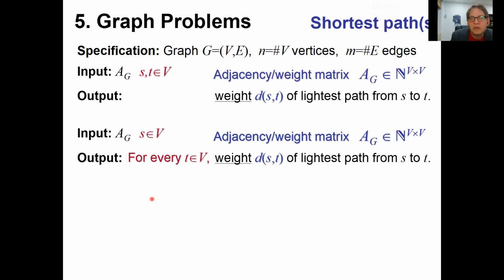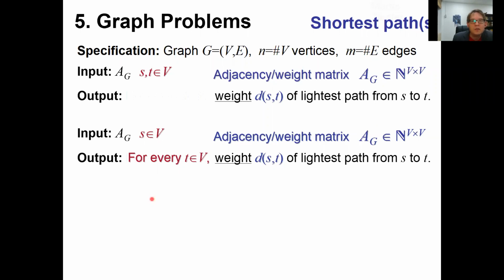We'll come to them on the next slide. But the second problem, for which we'll discuss algorithms, is where there's a single start vertex, and the algorithm is supposed to output the weights, plural, of shortest or lightest paths from S to any possible target vertex T.